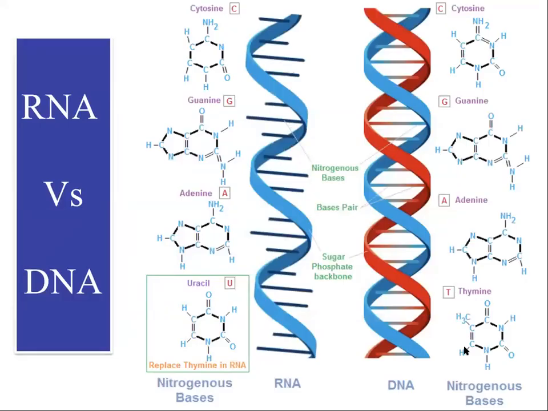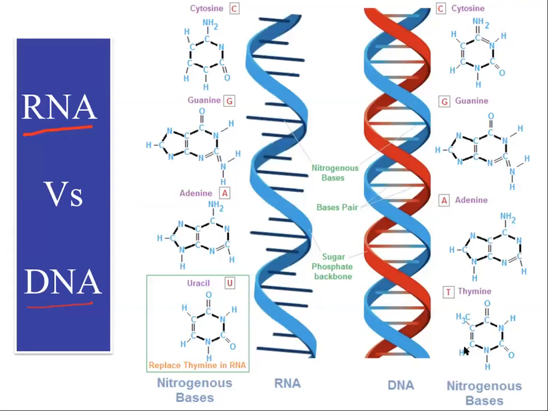Before we start, let's make some comparisons between RNA and DNA. We've alluded to a couple of things. We haven't really said very much about RNA. We know a lot about DNA. We know DNA has a sugar phosphate backbone, and so does RNA. The one thing that's different in the backbone is that the sugar is not deoxyribose.